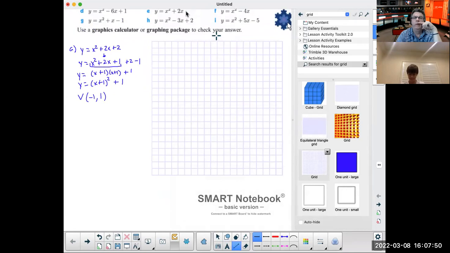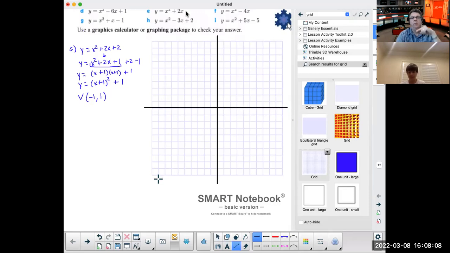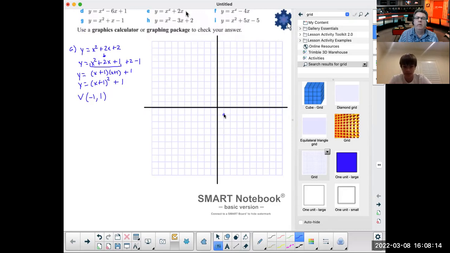So I don't know, maybe this. And what, this. There we go. Okay, so we got a vertex at 1, -1, so right here, right?